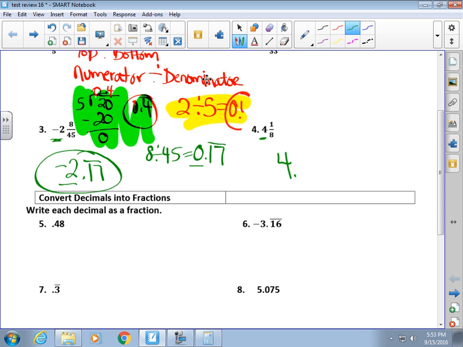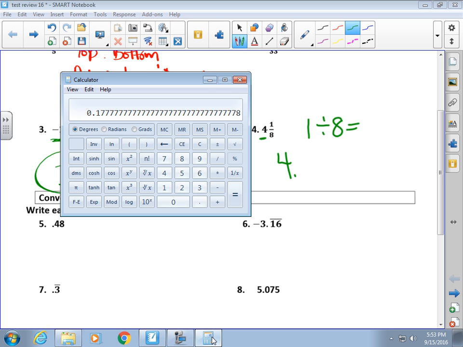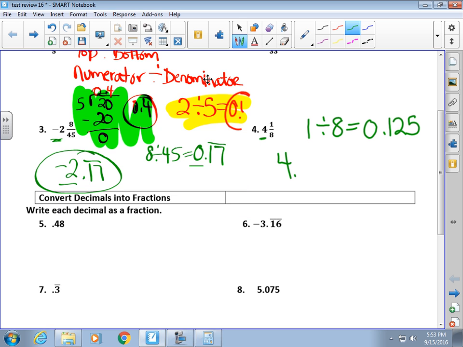Then I know I need to do 1 divided by 8. 1 divided by 8, pull up my calculator. 1 divided by 8 is 0.125. I know I am supposed to have a 4 in front of my decimal, not a 0. So everything after the decimal, I write. And there's my answer.